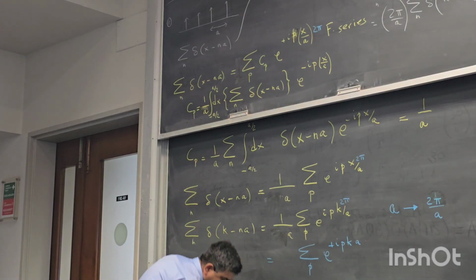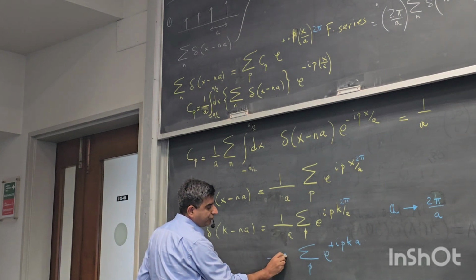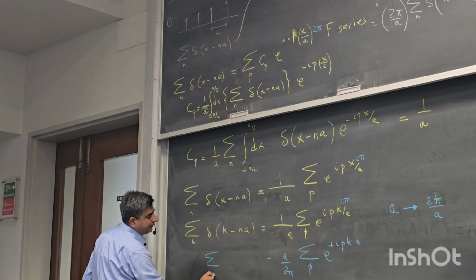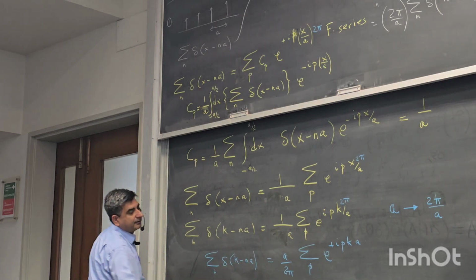So now A is replaced by A over 2 pi. This becomes N delta K minus NA, right?